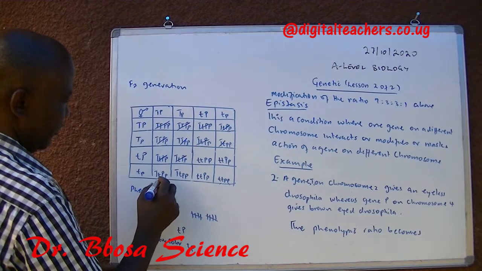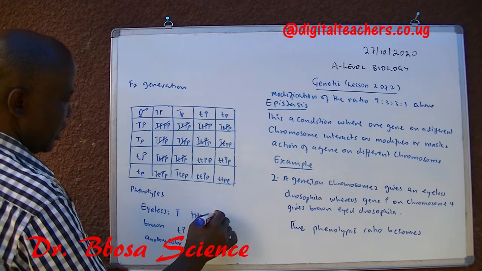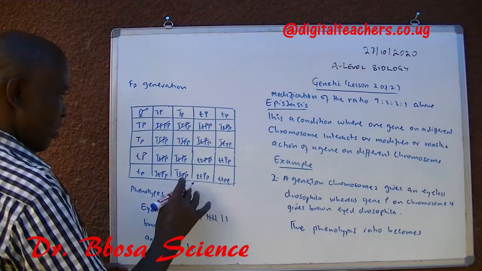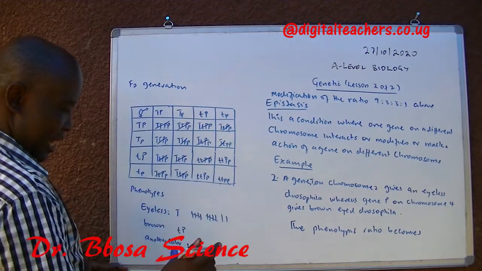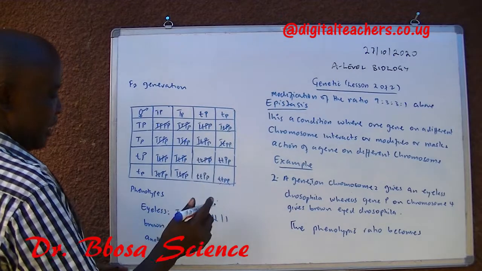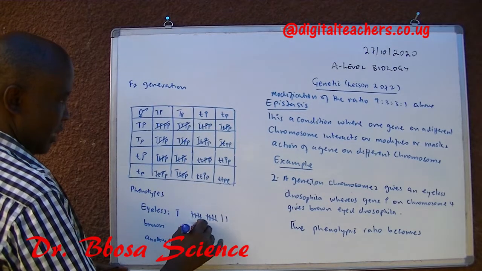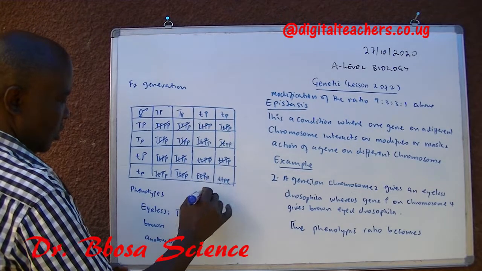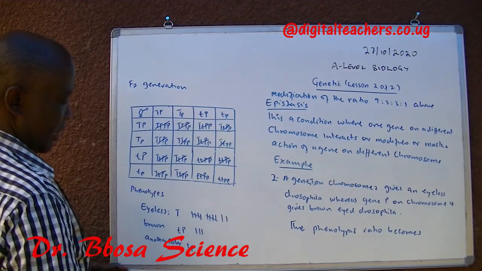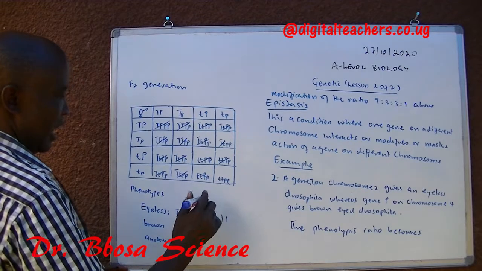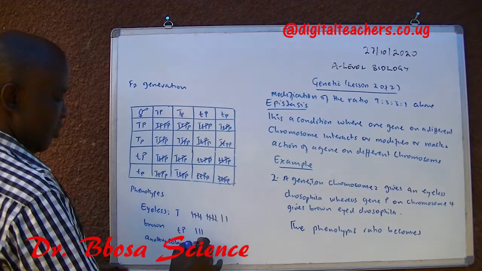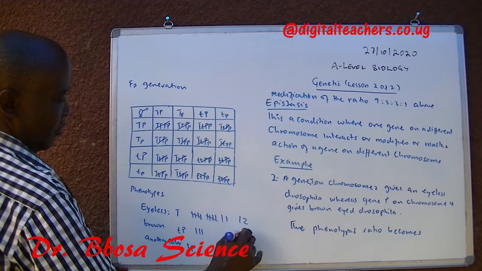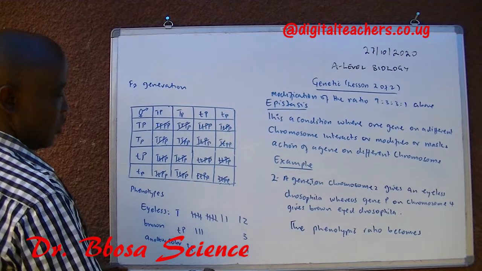Whenever there is small t, the eyes are there, but with the capital P, they are brown. So this is 1, 2, 3. Then for any other color of the eyes, then small p. So the ratio becomes 12 to 3 to 1.